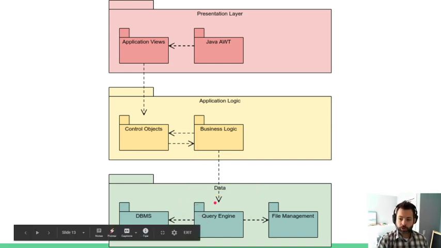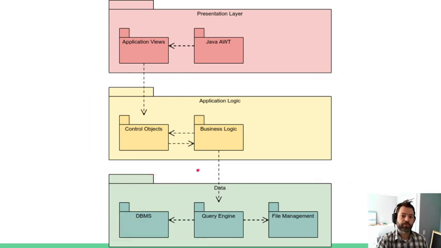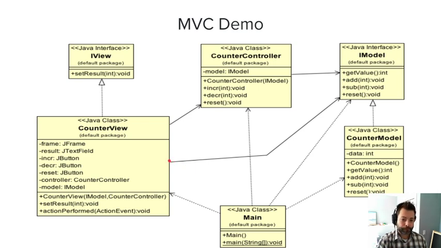Then your model side of things would be a set of classes that interact with files, databases, however you are representing your data. So again, separating out responsibilities and abstracting things out.